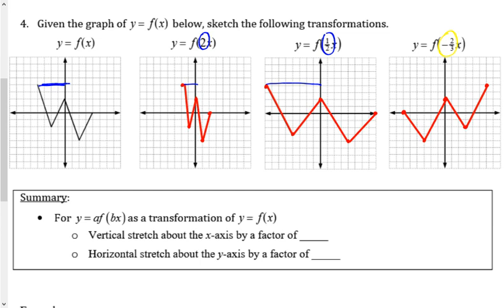But we'll notice that any point that was on the y-axis stays on the y-axis. That's an invariant point. So just like reflections, we have invariant points when we do stretches, and the invariant points will lie on the axis that we're stretching around, as long as we're only stretching in one direction.